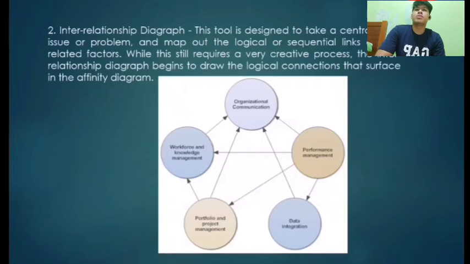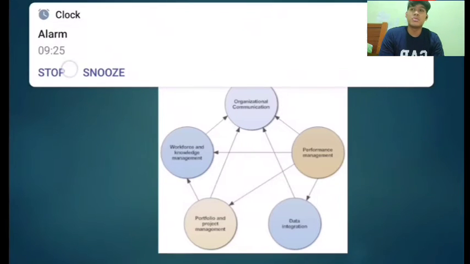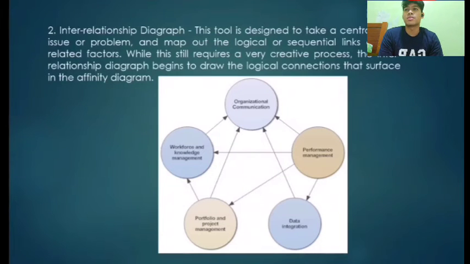So interrelationship diagram, almost the same as the affinity diagram. It is designed to take a central idea, issue, or problem and map out the logical or sequential links among the related factors. Okay, so dito ginagawa is kinukuha yung pinaka-central na idea nung pinaka-system, then i-map out lang siya sa iba pang pwedeng maging effects.